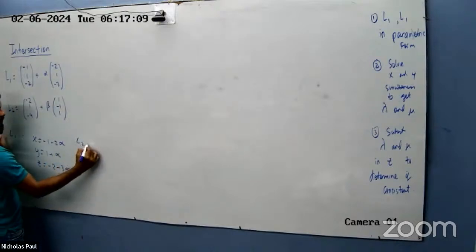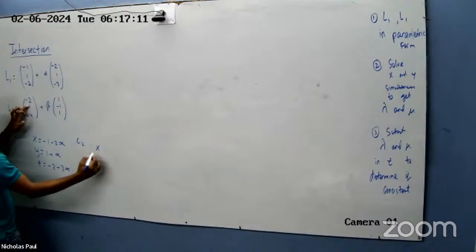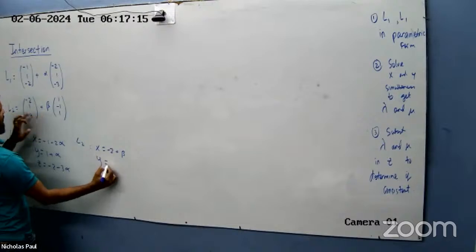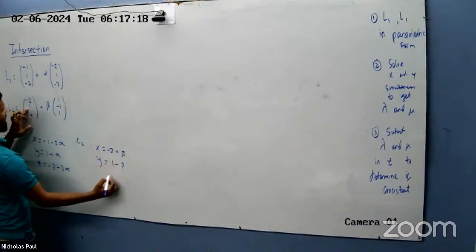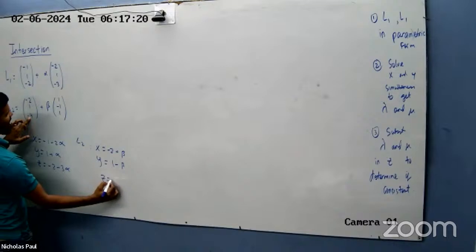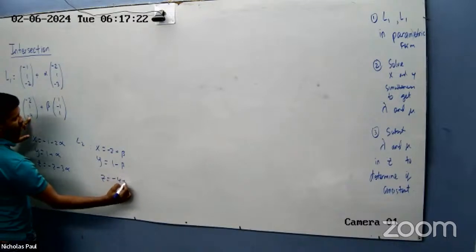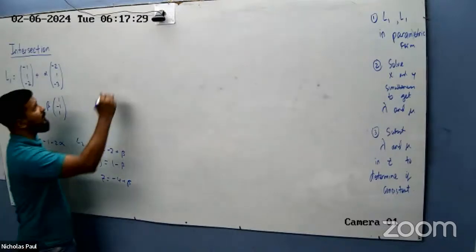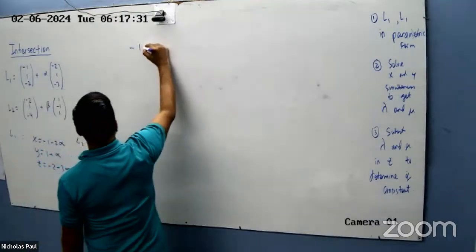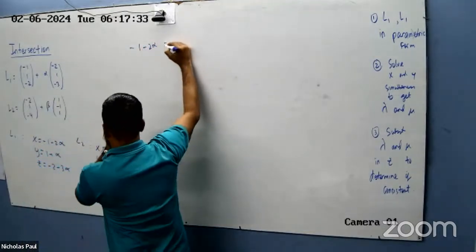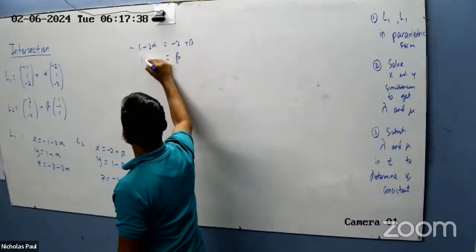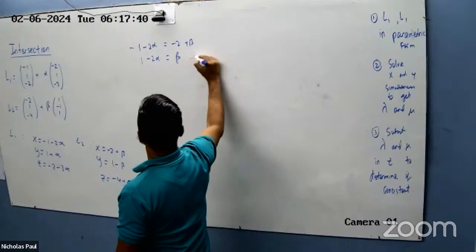Then do the same thing for L2, x is equal to -2 plus beta, y is equal to 1 minus beta, and z is -4 plus beta. Next step, equate the x and the y. So that's -1 -2 alpha is -2 plus beta.